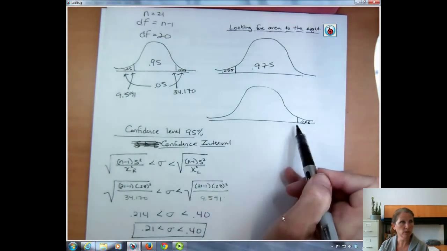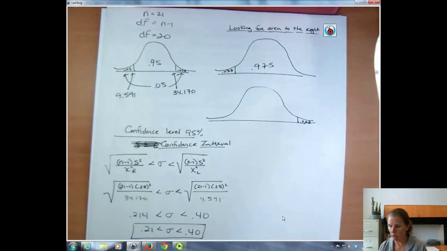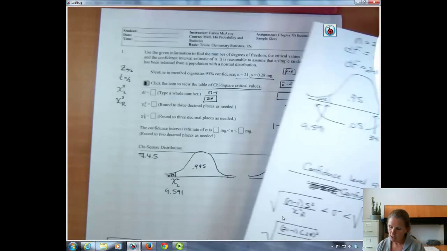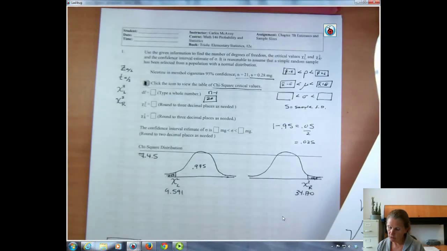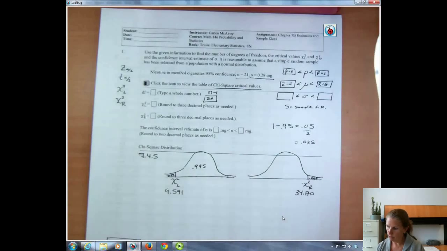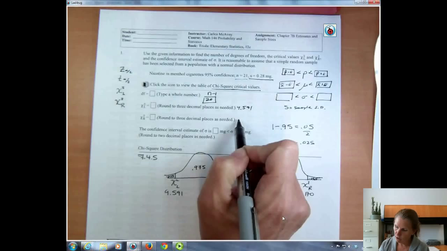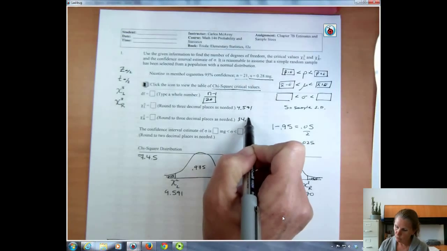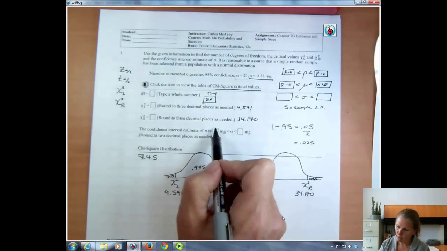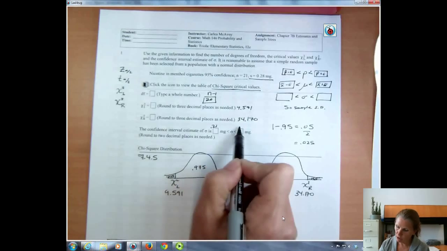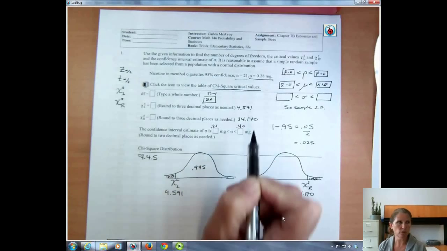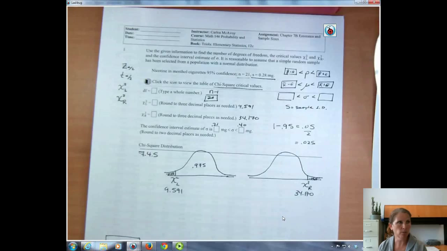When we had critical z values and critical t values, now we have the critical chi-square values. And so those are the answers we're looking for. This one was 9.591. This was 34.170. And when I plugged into that formula, I got 0.21 to 0.40. So those are the answers to that problem.